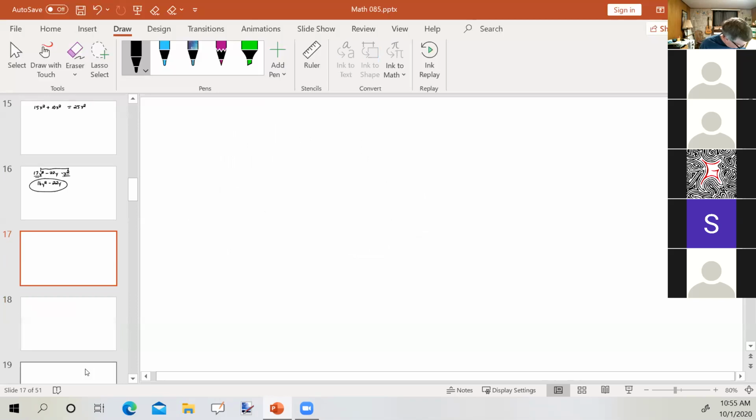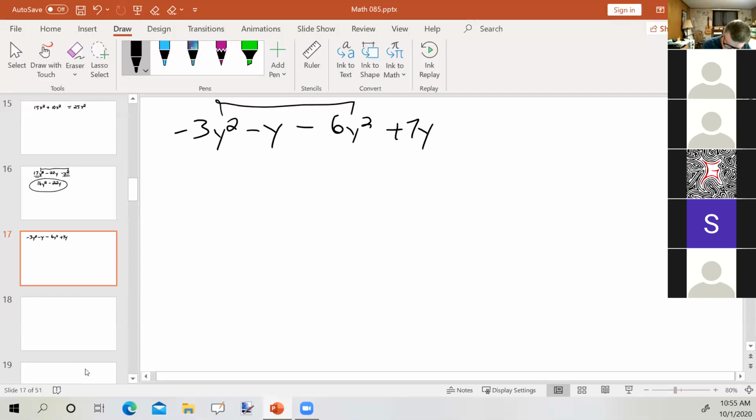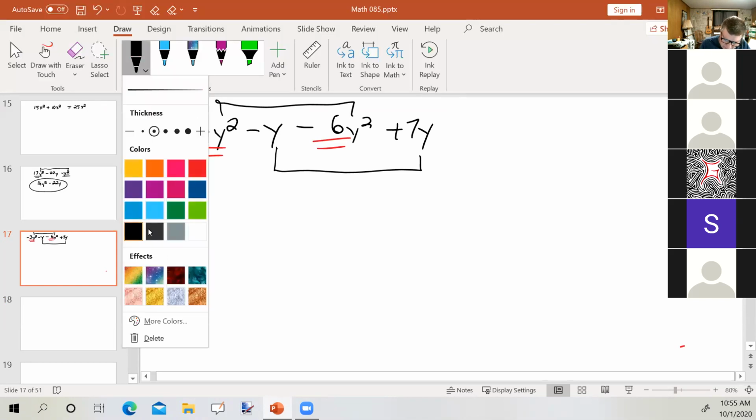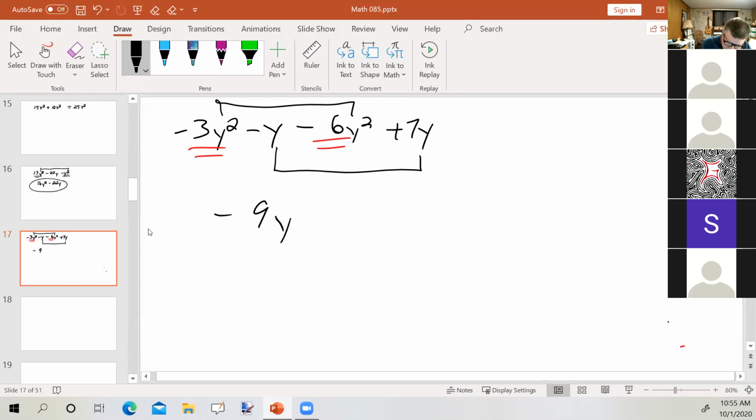All right, let's say we've got negative 3y squared minus y minus 6y squared plus 7y. So the first and the third terms are alike, the second and the fourth terms are alike. Negative 3y squared minus 6 more y squared would be negative 9y squared.